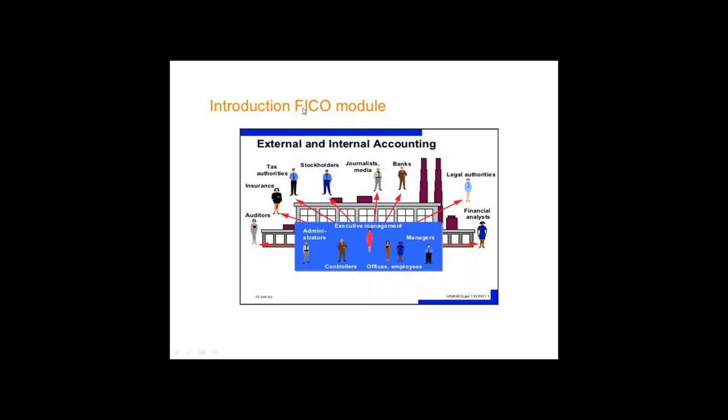Without SAP FICO, they will not be able to create financial statements. If the company is not preparing financial statements, there is no existence of the company in any country. That will not be treated as a company in any country. That is the reason SAP FICO is always in huge demand. Without FICO, there will be no SAP at all. You got the why? Financial statements can be done only through the FICO module.